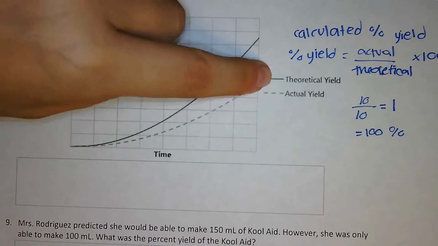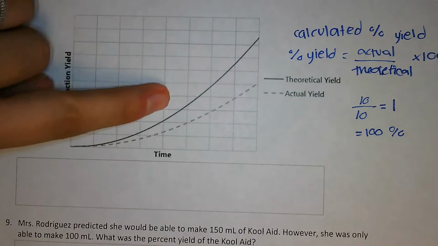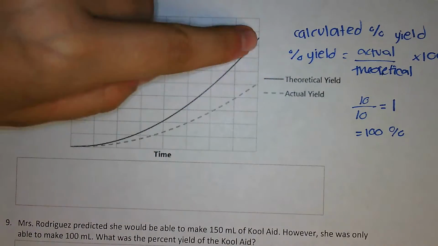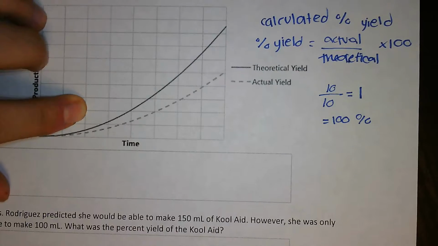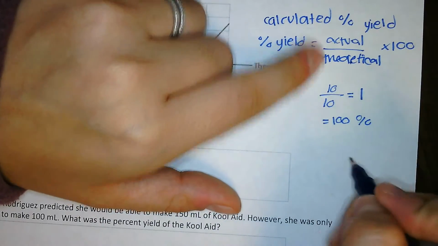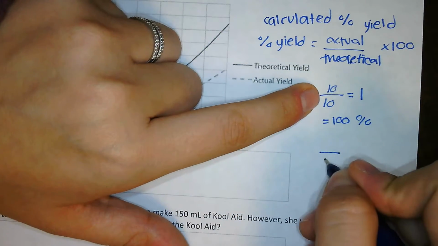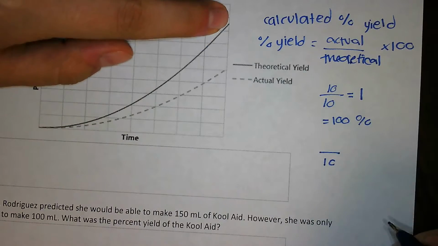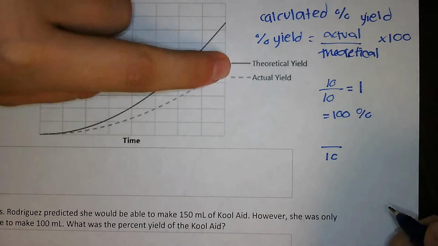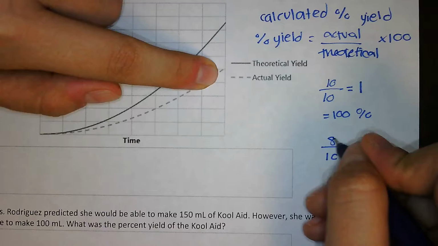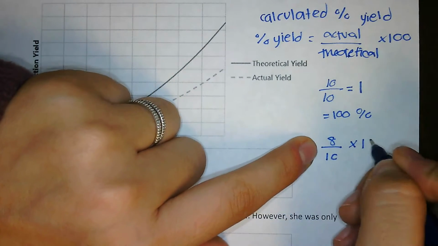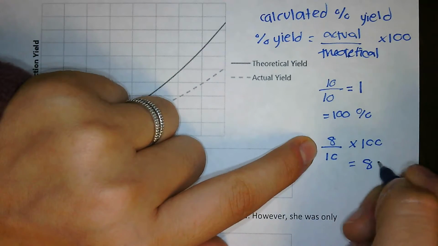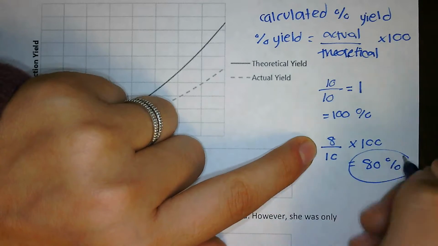My actual yield is lower than the theoretical yield. What I got is lower than what I expected. So let's say that my theoretical yield was actually 10. That is what I expected. But I ended up getting lower. So I got, let's say, 8. 8 over 10 times 100 is equal to 80%.